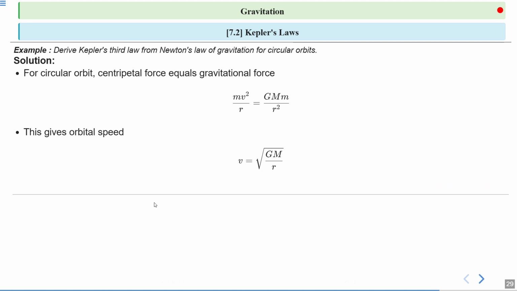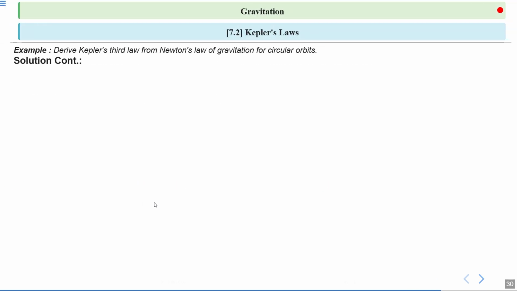All right. So the period of a circular orbit, T is equal to 2 pi r divided by v.